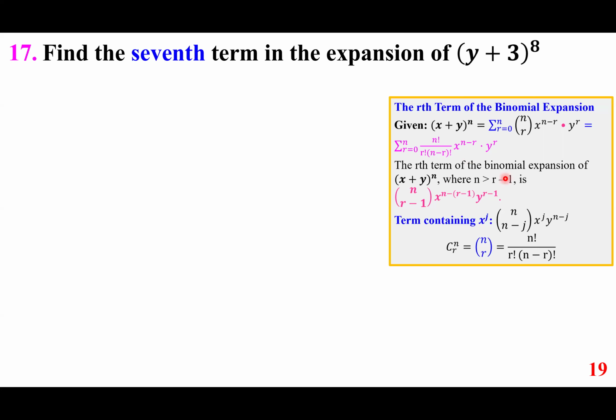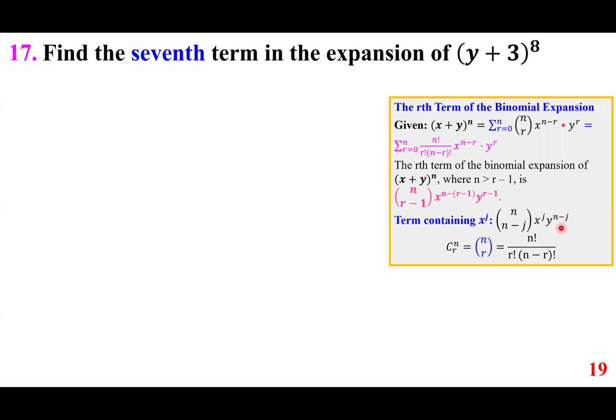So the rth term of the binomial expansion of (x + y) to the power of n is n choose r minus 1, x to the power of n minus (r minus 1), y to the power of r minus 1. That is one way to look at it. Or the term containing x to the power of j is n choose n minus j, x to the power of j, y to the power of n minus j.